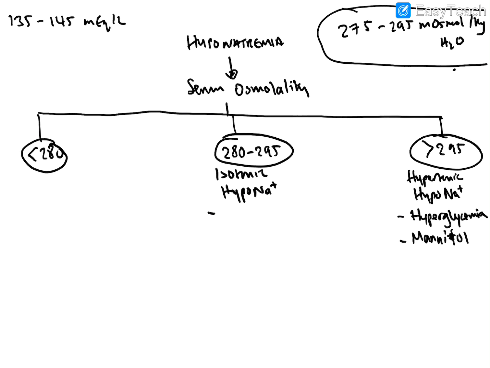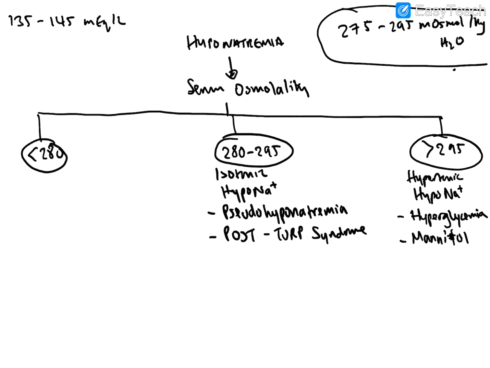Okay, this would be pseudohyponatremia, which can be seen in cases of elevated cholesterol, and you can see it in post-TURP syndrome. Now, post-TURP syndrome, what does TURP stand for? TURP is transurethral resection of the prostate. So post-transurethral resection of the prostate, you can see isotonic hyponatremia.